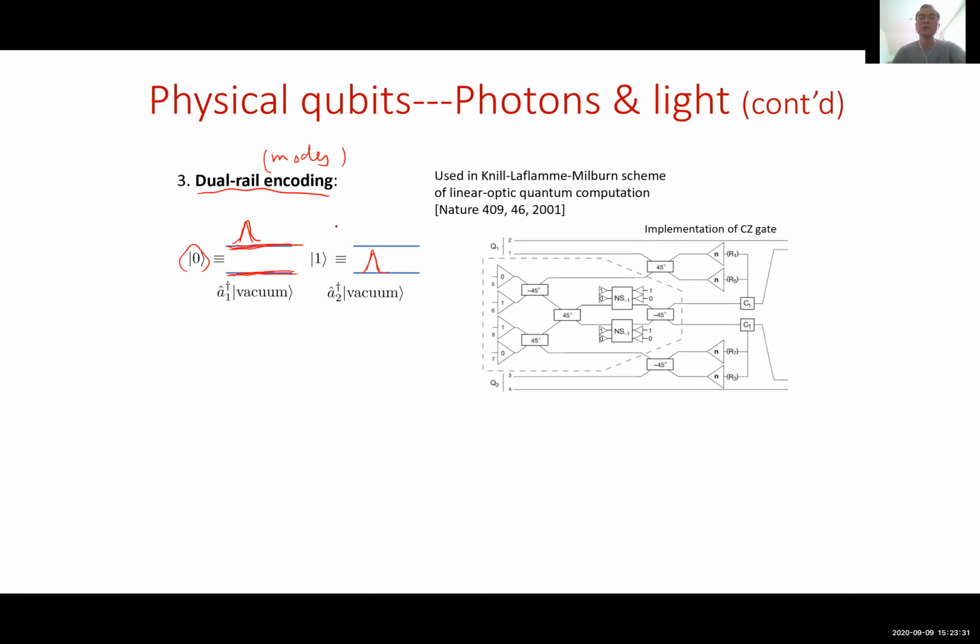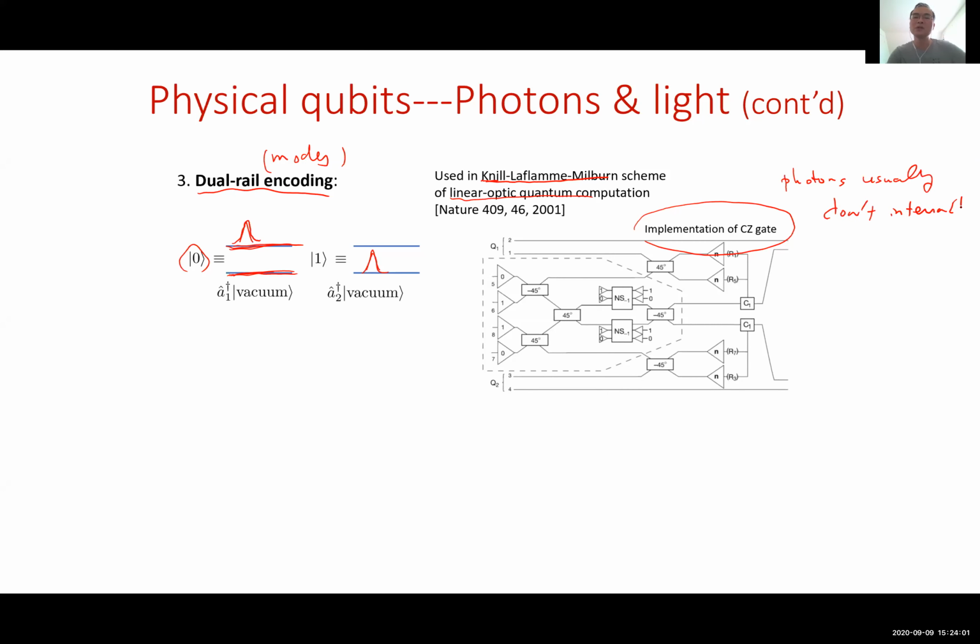And this was exploited in a scheme called KLM, the Knill-Laflamme-Milburn scheme of linear quantum optics. And what I've shown here is a way to implement a controlled-Z. As I mentioned, photons usually don't interact.